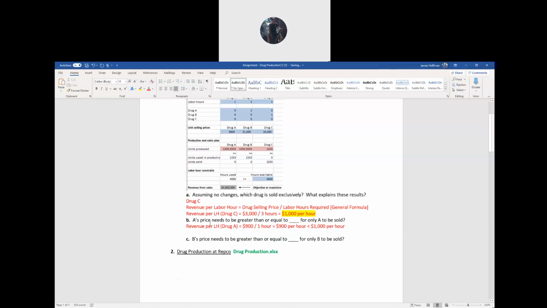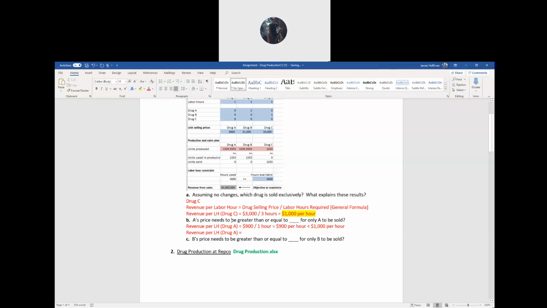All we have to do is figure out what the price has to rise to in the market for drug A to be equivalent to $1,000 per hour. So we're trying to figure out the price divided by 1 hour that equals $1,000 per hour.